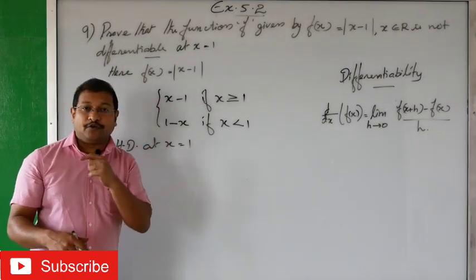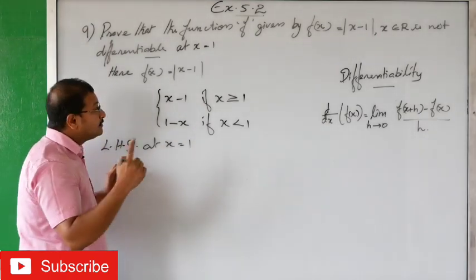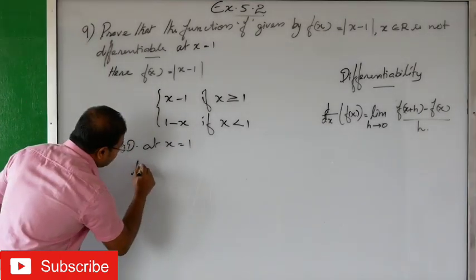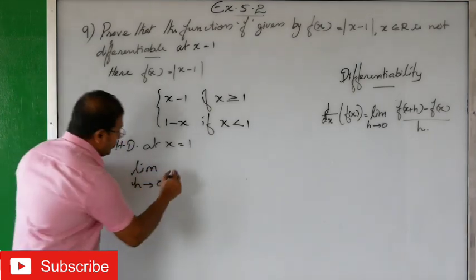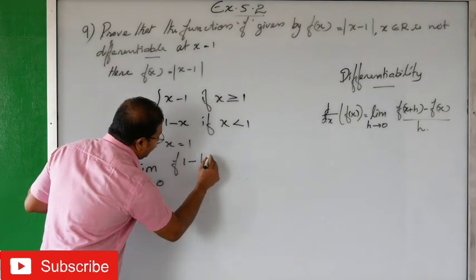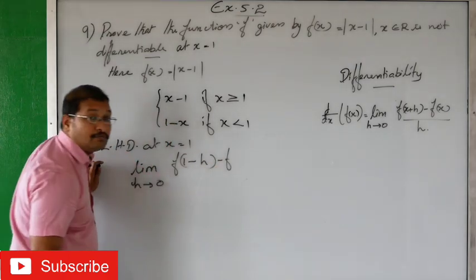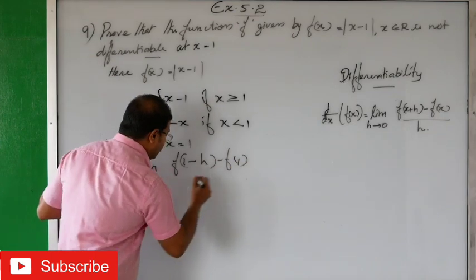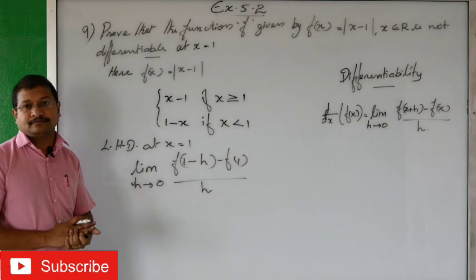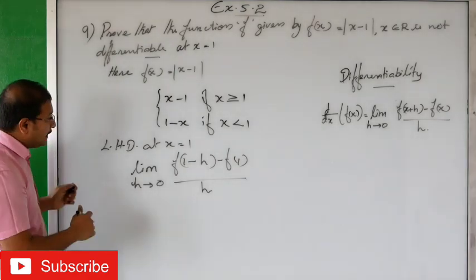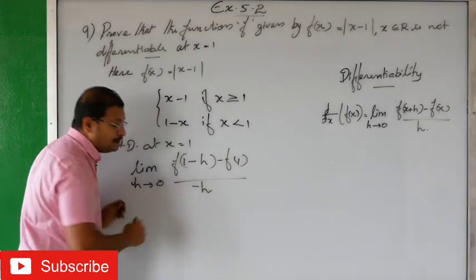If you take the left hand derivative, h will convert into minus, isn't it? That means what you will do? Limit h tends to 0, f of 1 minus h minus f of 1 divided by h. Ready? But we know that since it is on the left side, h will be minus.